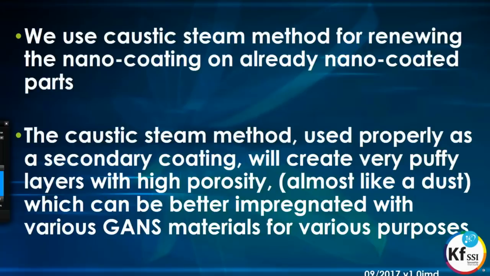Let me explain why you get such a green or bluish coating over the nano-coated surfaces. Once you have created the nano-coating, the layers already create some fields, and in certain conditions they may already pick up some GANs of copper, GANs of copper oxide, which can appear.